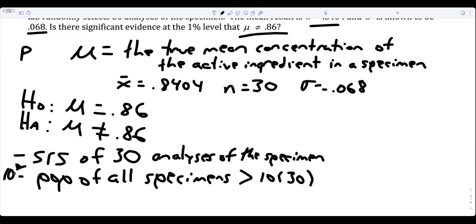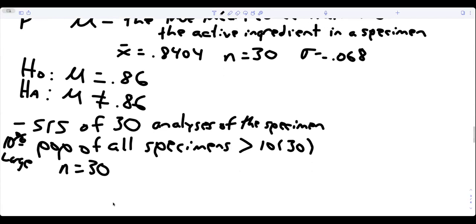So this is the 10% condition. And my large counts, since this is a mean and n equals 30, what can I say? Why? I'm trying to get you to say specifically, what applies? The central limit theorem applies.